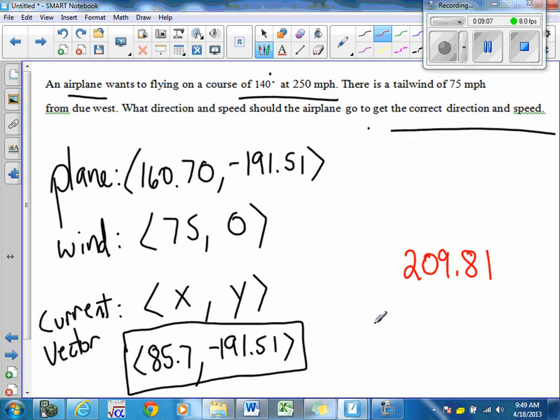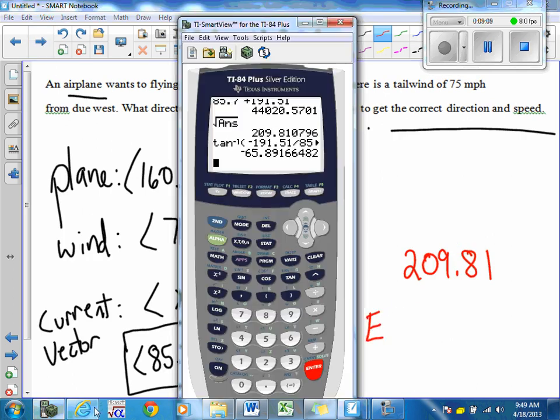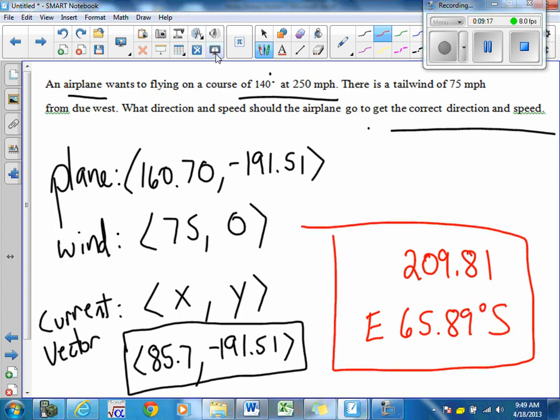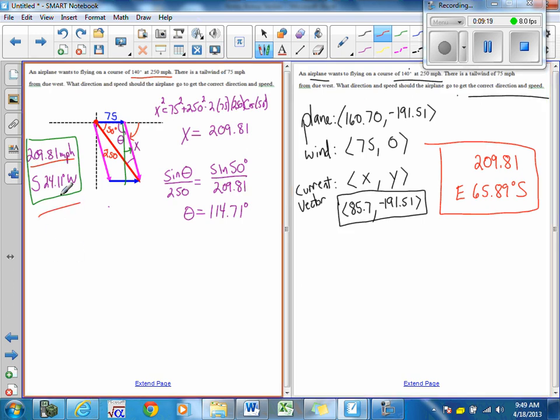So that would be east 65 degrees south, which, sorry, this right here should be east, shouldn't it? South 24.11 to the east. So you can see two different ways of doing it. The key is, though, you are given the direction you want to go, and you got to determine which way will get you there at the end.